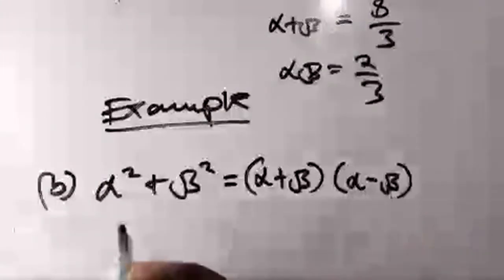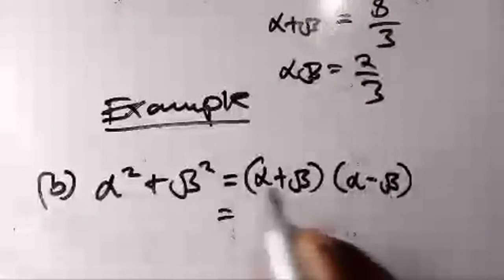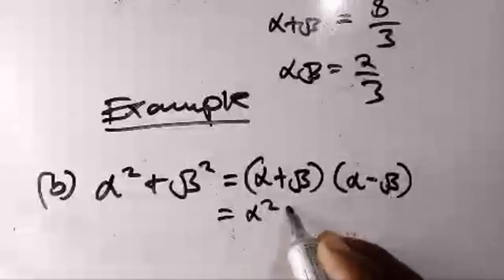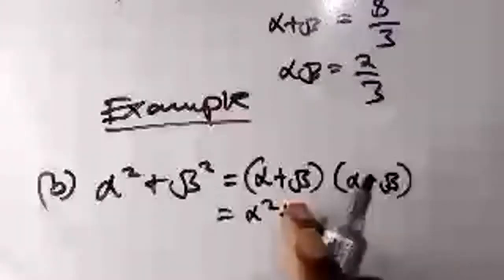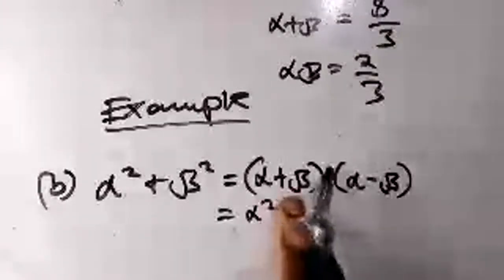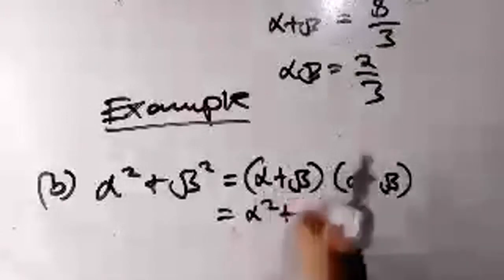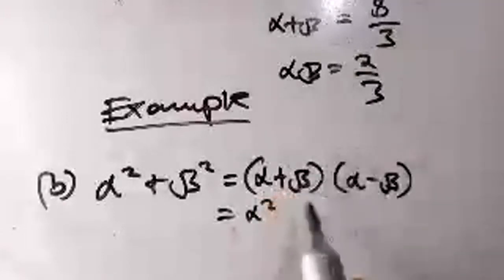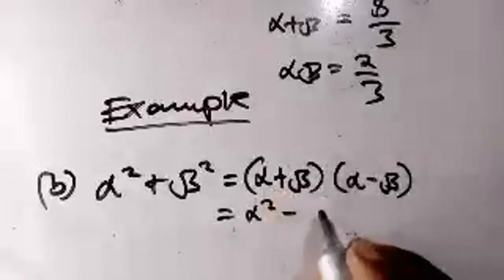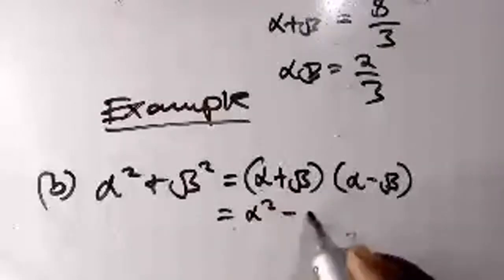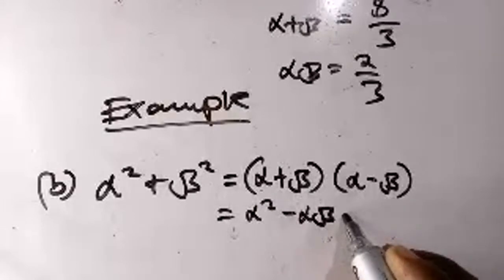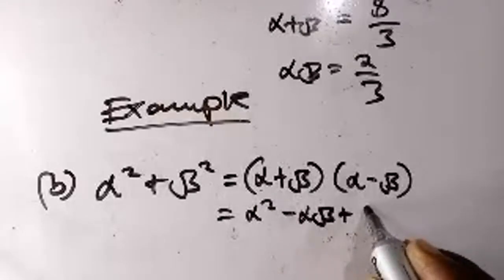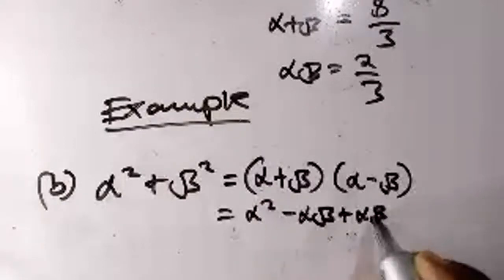Then if you multiply, you're going to have alpha times alpha, which is alpha squared, plus alpha times beta, minus alpha times beta, then beta times alpha, which is plus alpha beta, right?